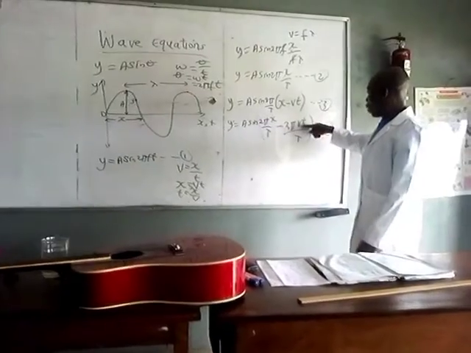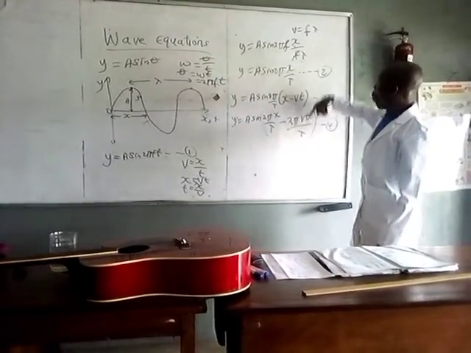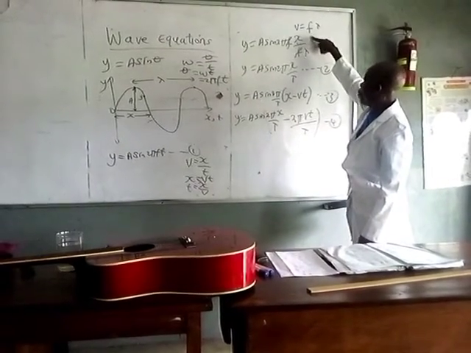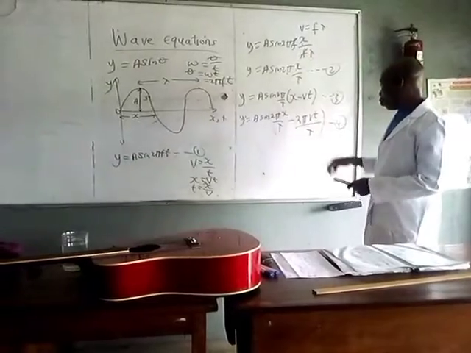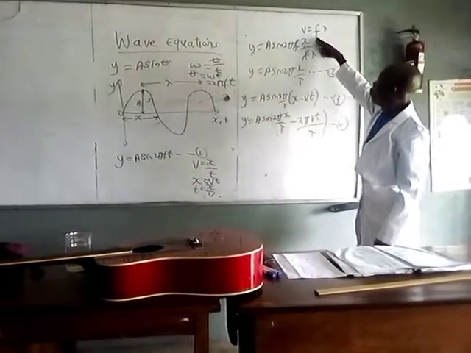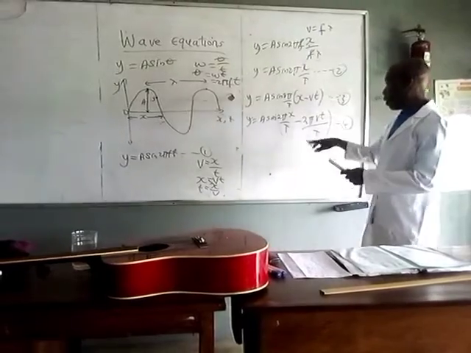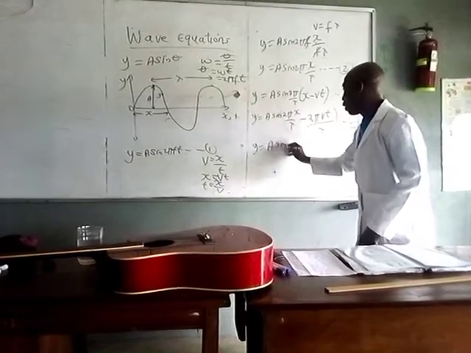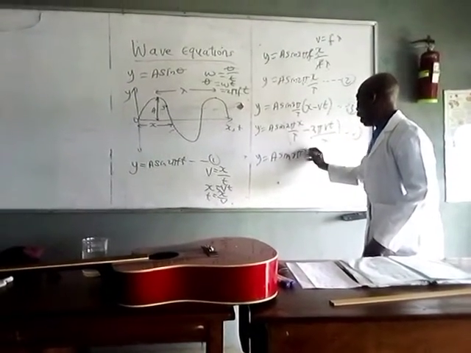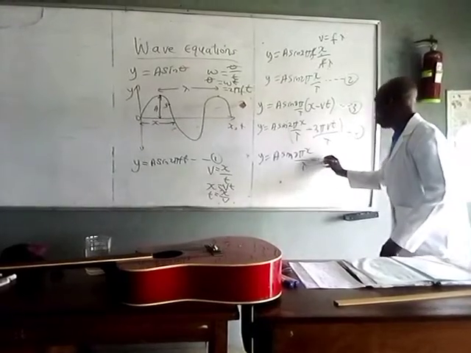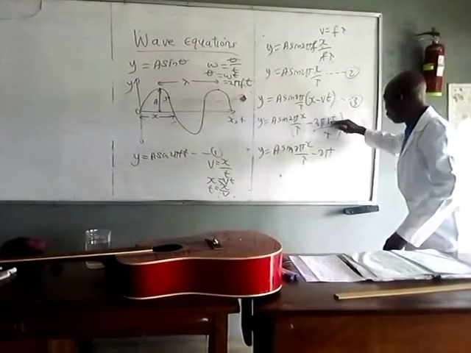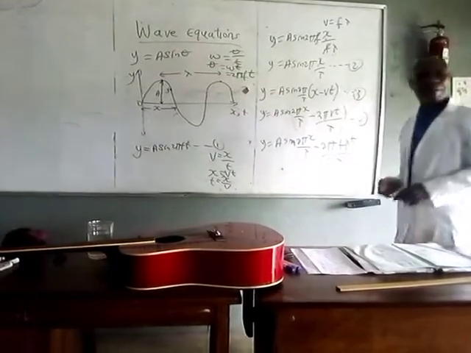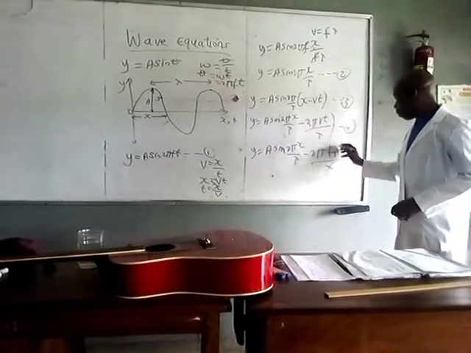Here, we know that v is also the product of frequency and lambda. So substituting v is equal to f lambda, equation 4 becomes y is equal to a sine 2 pi x all over lambda minus 2 pi, instead of v, we now put f times lambda times t all over lambda. So here, lambda will cancel lambda.